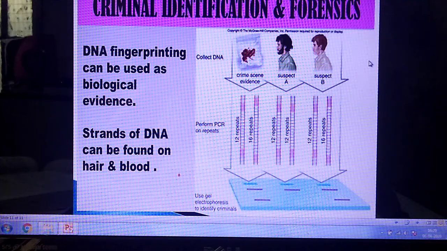First of all, the DNA which is in a small amount is amplified. Then after amplification through the PCR technique, it goes through gel electrophoresis, then Southern blotting, and after that the banding pattern of VNTRs is matched with suspect A and suspect B. It is clear from the diagram that the blood sample collected from the crime region is just similar to suspect B.